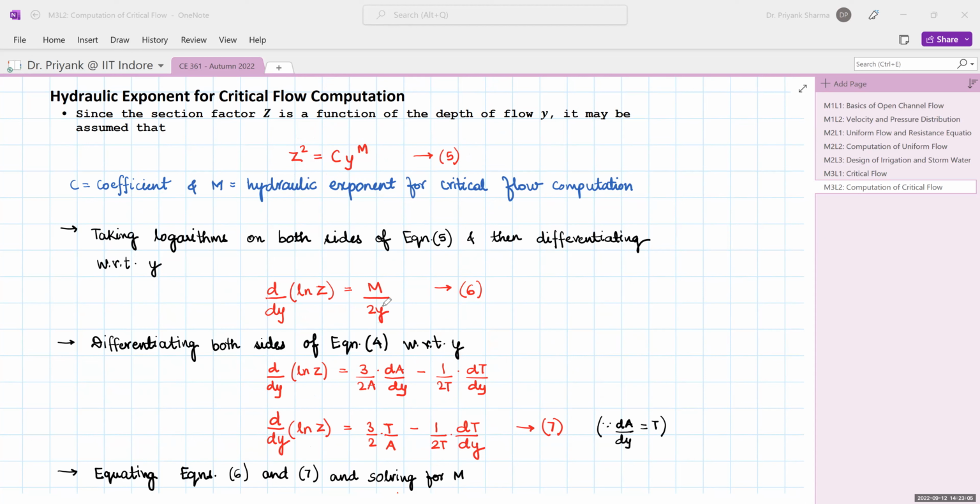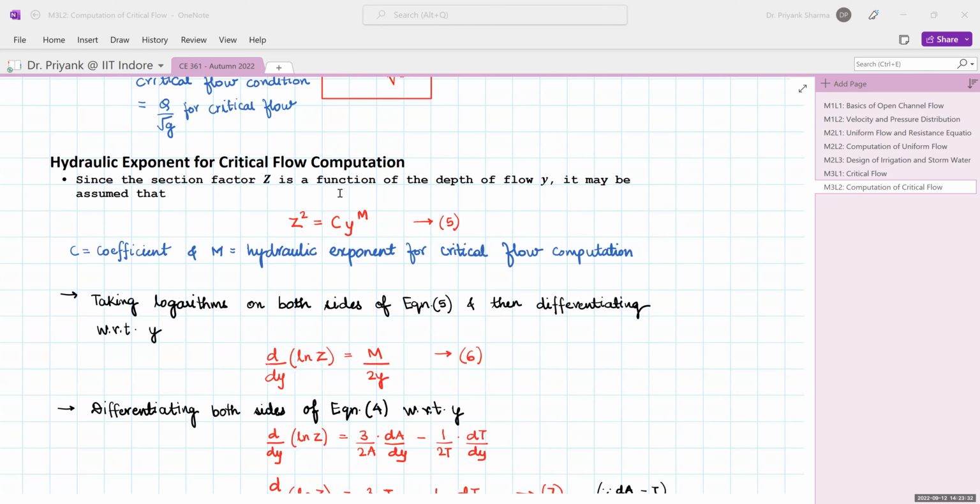And on the other side, d by dy of ln Z is 3 by 2A into dA by dy, minus. So look at equation 4.